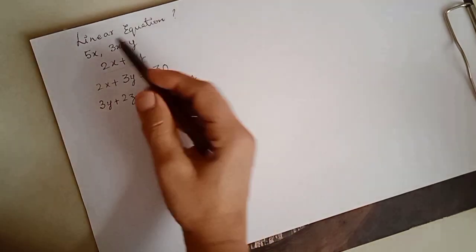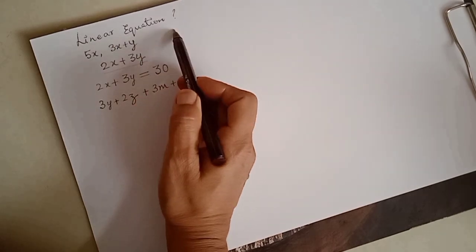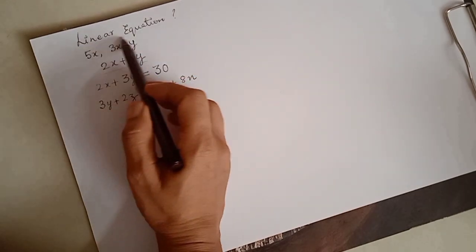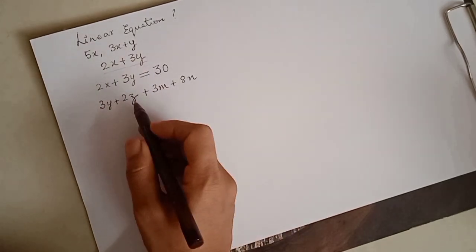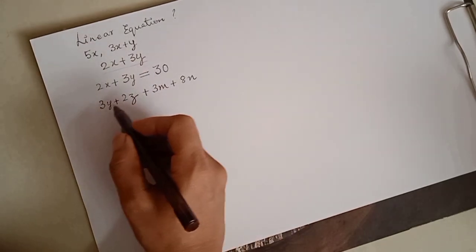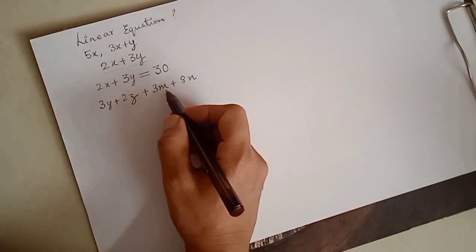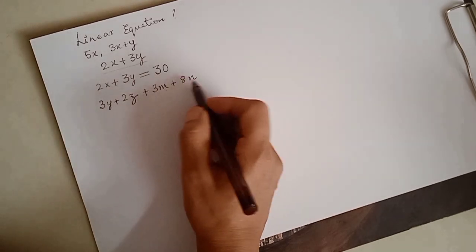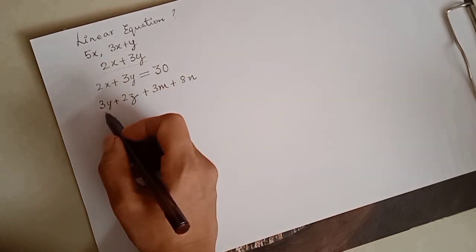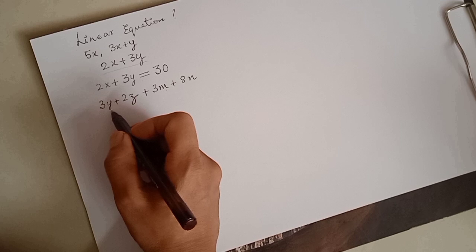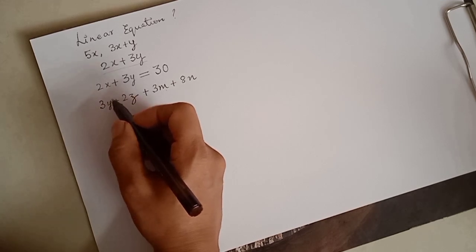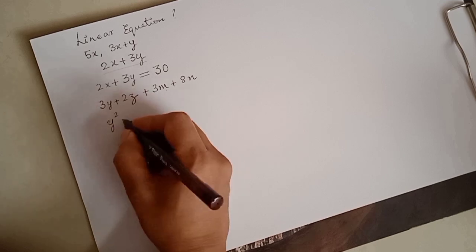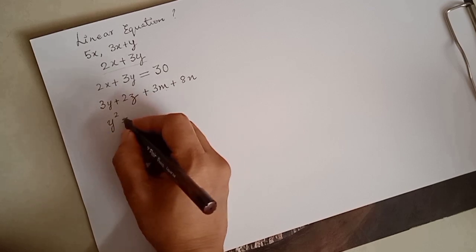So now what do you mean by linear equation? What is this linear? See here, in this example, 3y plus 2z plus 3m plus 8n. What is the power of y? Power of y means to the power what you write. For example, y square. What is the power of y here?